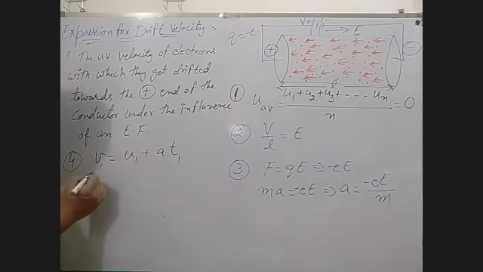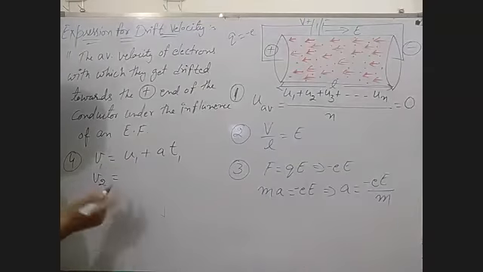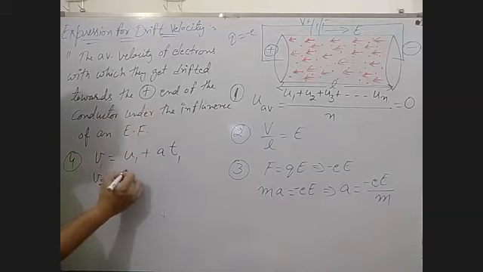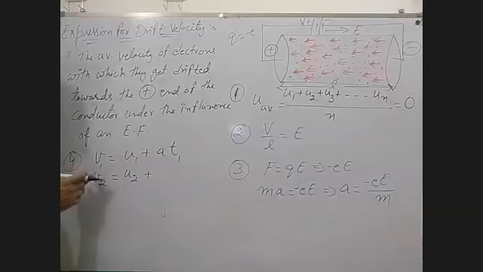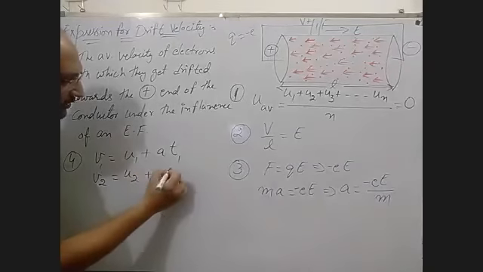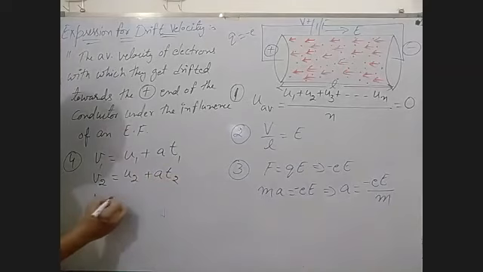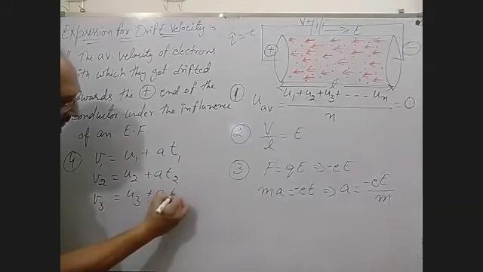In this way, you can take for the second electron velocity. This is the drift velocity, because the acceleration is there, they are moving in the same direction. Now v1, v2 are all drift velocities: of the first electron, this is the second electron, this is of the third electron.